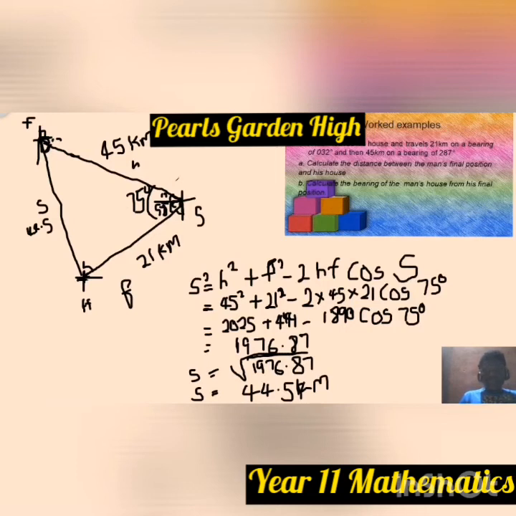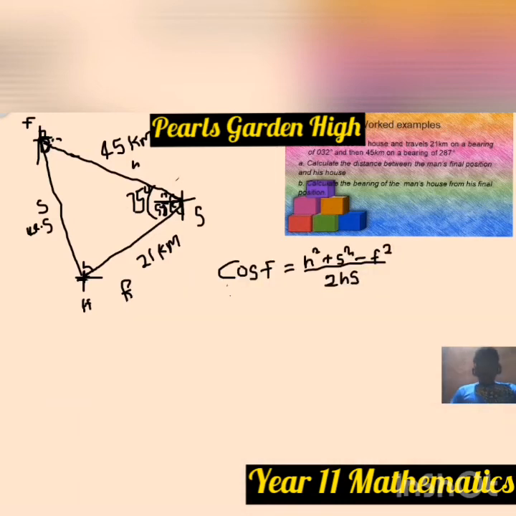Can you do that? Let's get to it. So it's going to be like this: cos f, as the angle here, equals h squared plus s squared minus f squared over 2hs. If you pause the video, put the values into the formula and solve for f quickly.